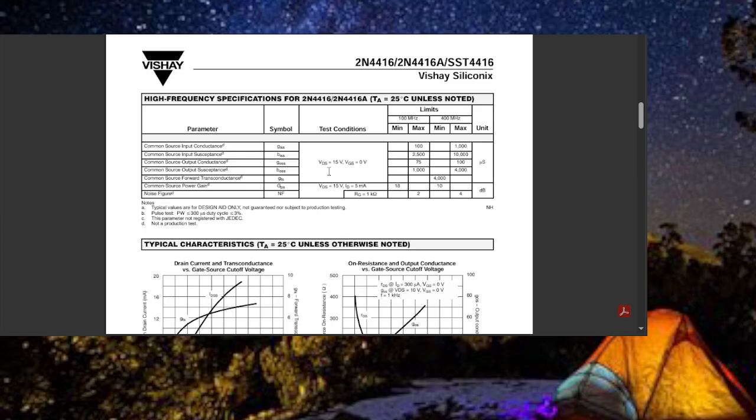Common source for transconductance. Drain source, 15 volts. Gate source, 0 volts. And you've got 100 megahertz to 400 megahertz. We're going to be operating less than 100 megahertz. Common source power gain.